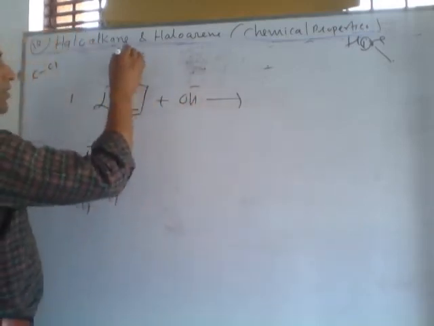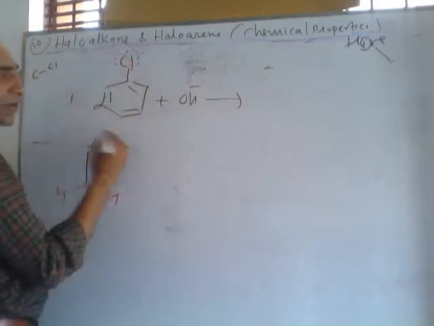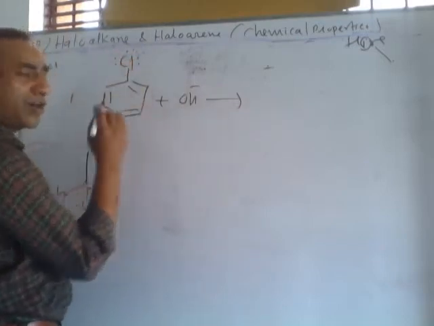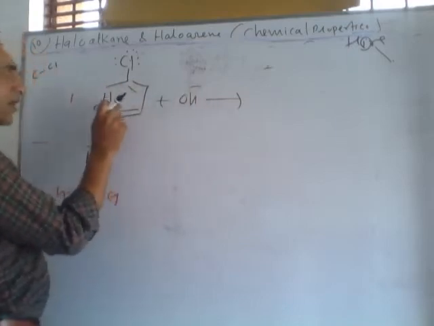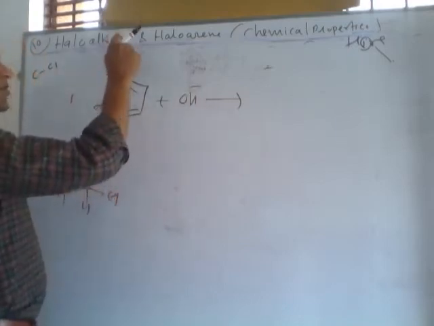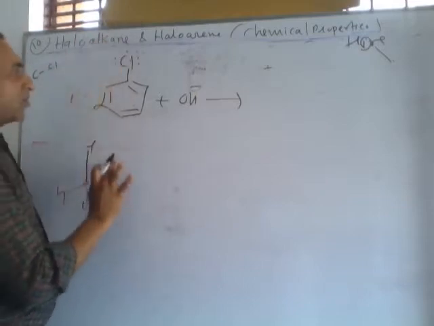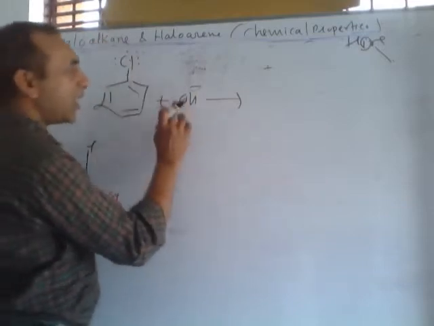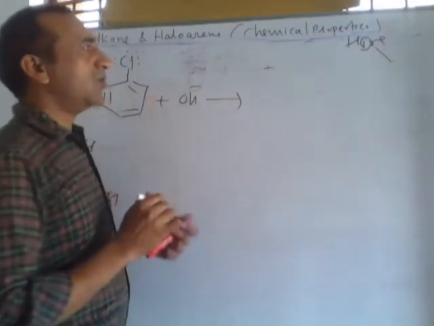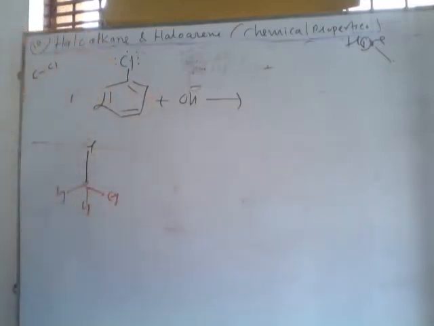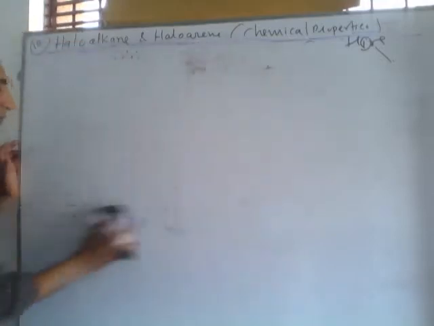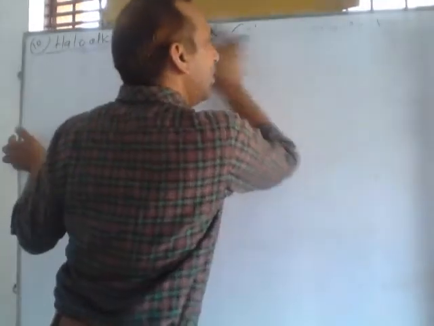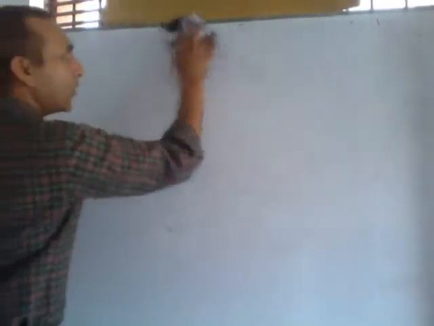Here lone pairs are present on halogen, electrons are present inside the ring, and electrons are also present on the nucleophile. So the nucleophile's electrons are repelled by the ring and the electrons present on halogen. So due to repulsion, the attack of the nucleophile is very difficult. So there are 4 reasons. And what was the question? The question was, nucleophilic substitution reactions are difficult in haloarene.